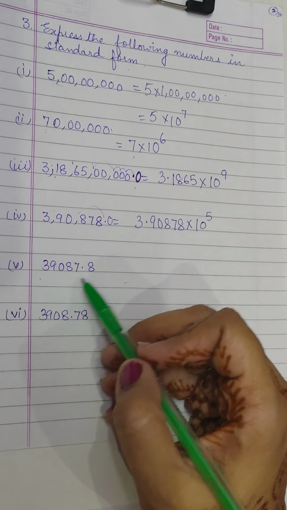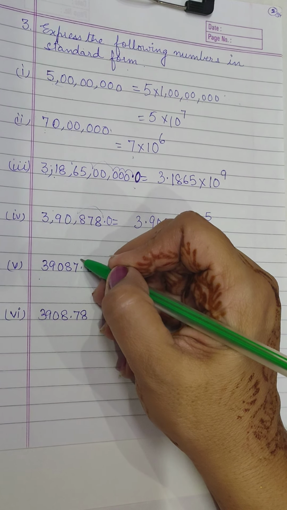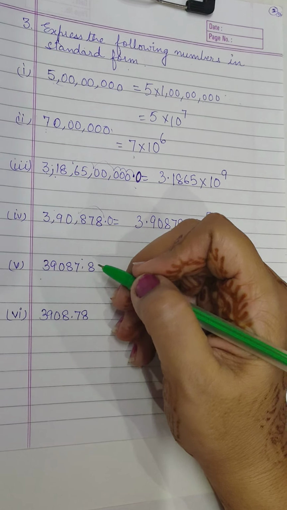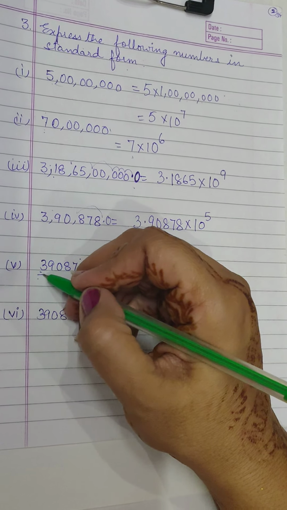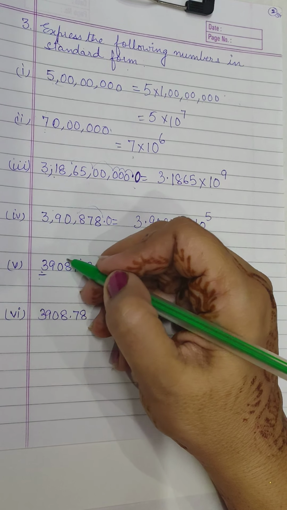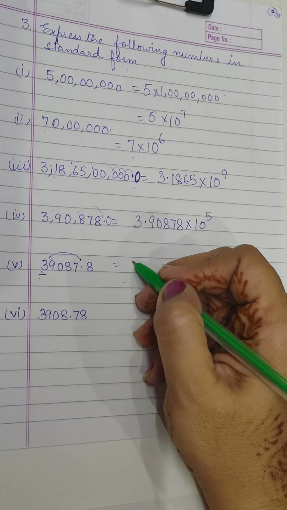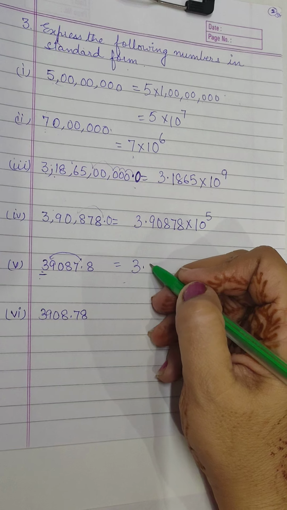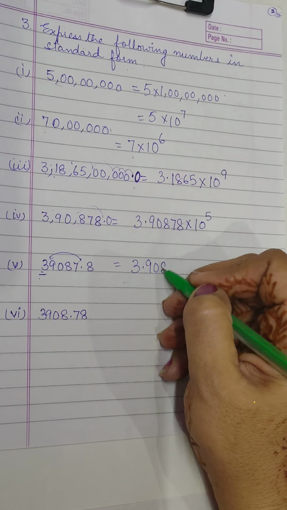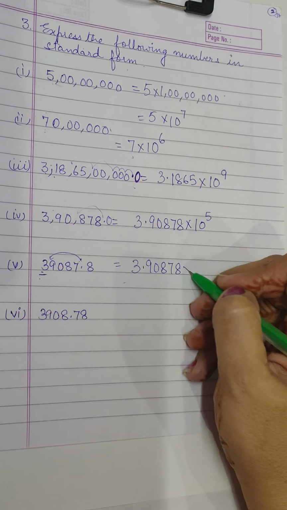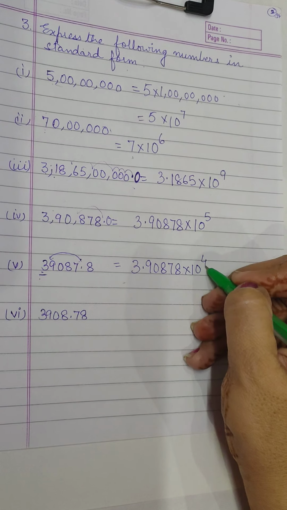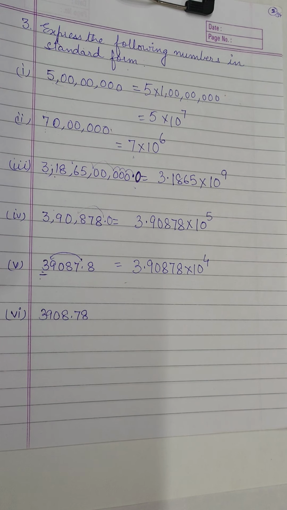Now in the fifth part we already have a decimal, and to go after the first non-zero digit, that is 3, the decimal has to move 4 places. So the number will become 3.90878 multiply 10 to the power 4.